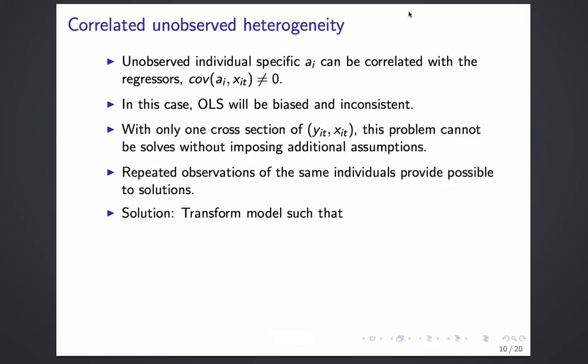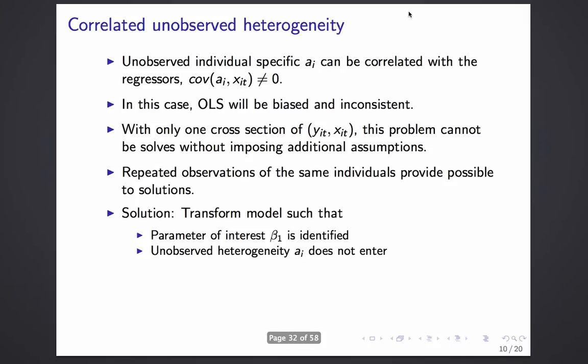And the solution is basically to transform our regression model in a way such that we can still identify and estimate the parameter of interest. In this case, that's beta 1, the slope coefficient in front of X. So we can still identify that in the transformed model, but in the transformed model, the trick is that the unobserved heterogeneity, AI, drops out.